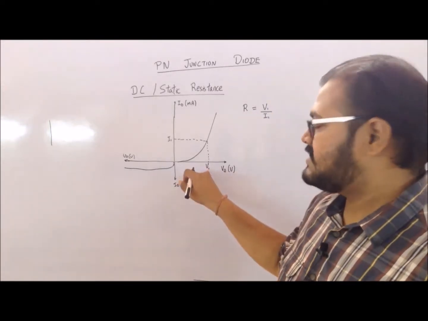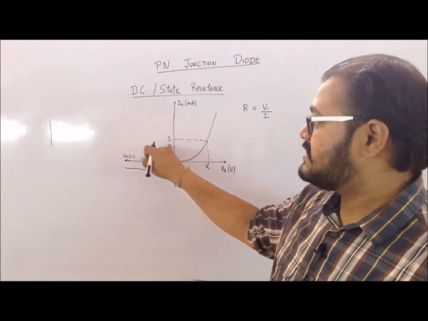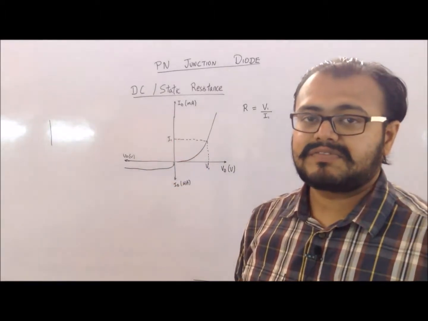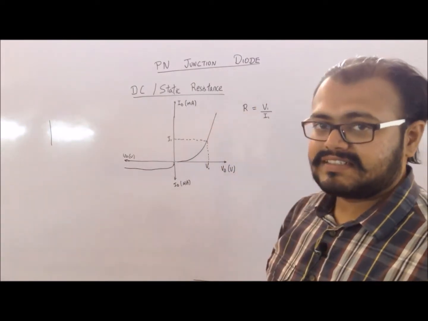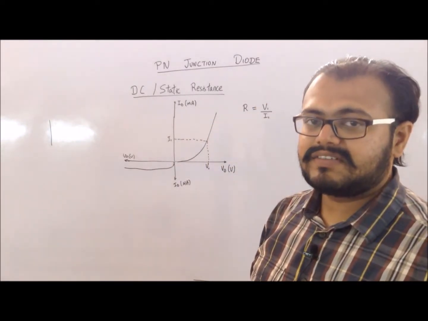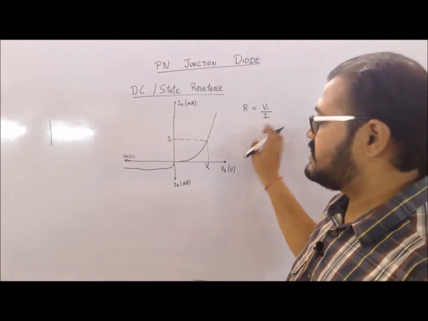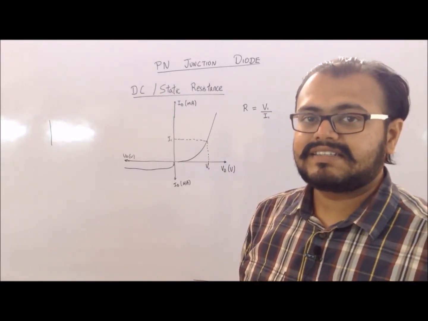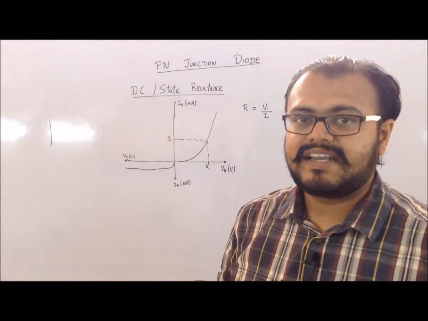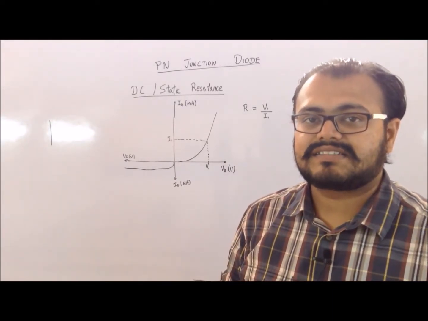So for a single DC voltage, I will get a corresponding current flowing through this device. The resistance for this particular case will be given by R equals V1 by I1. The resistance calculated in this fashion is called my DC or static resistance.